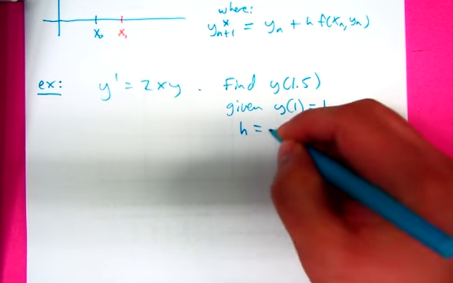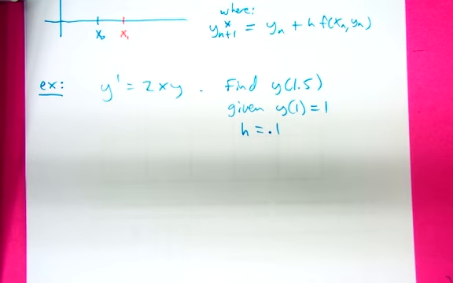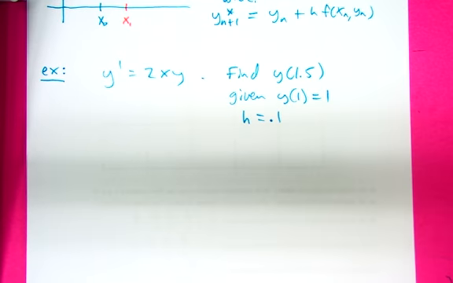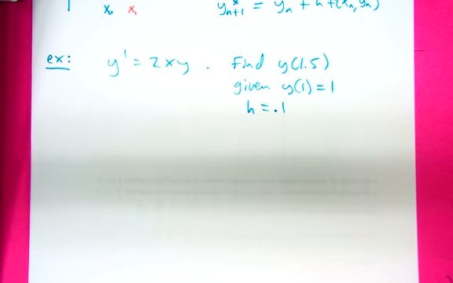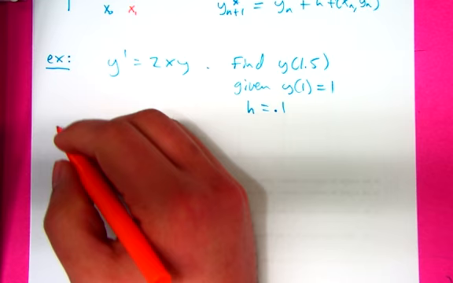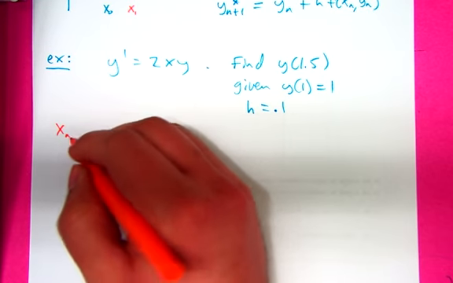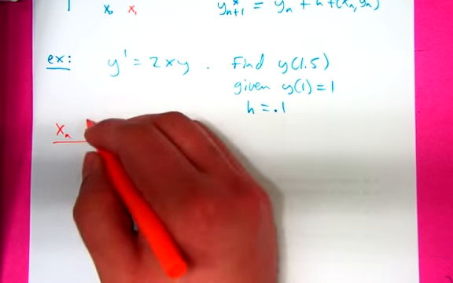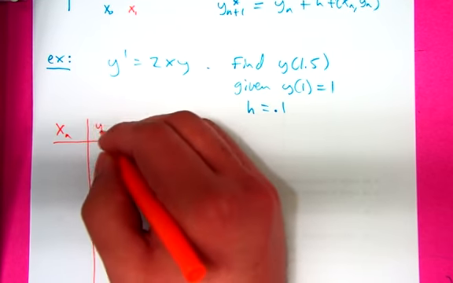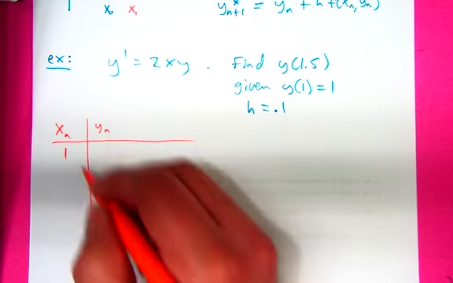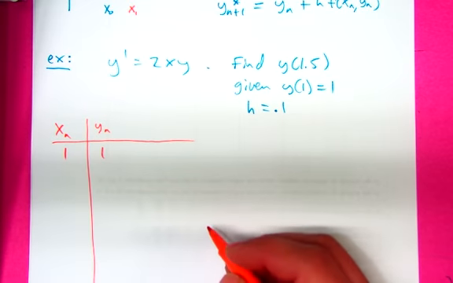Step size is 0.1. 0.5, that would have been nice. So, x sub n, y sub n. We start with x is 1, y is 1.